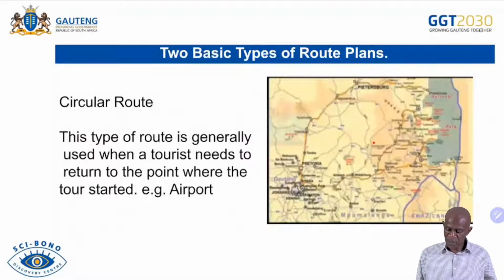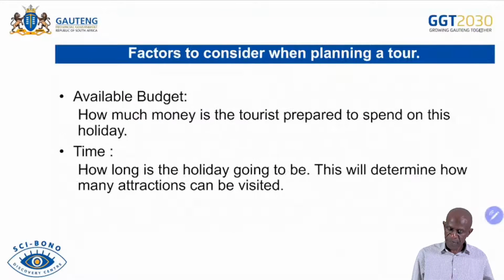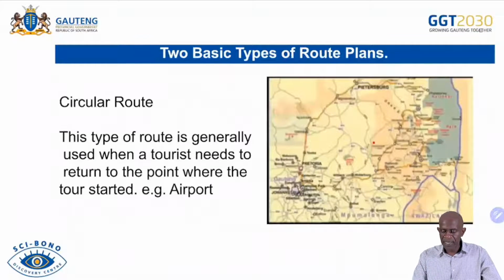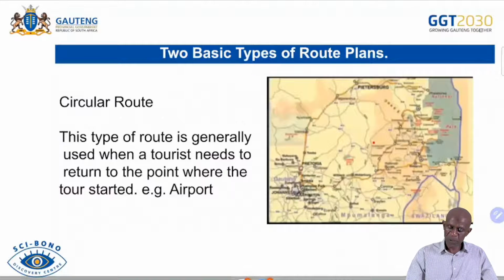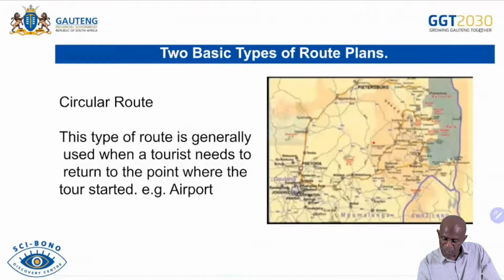As indicated on the map here, here is our circular route. So say maybe you want to start your trip here and you go down exploring the activities on this map.